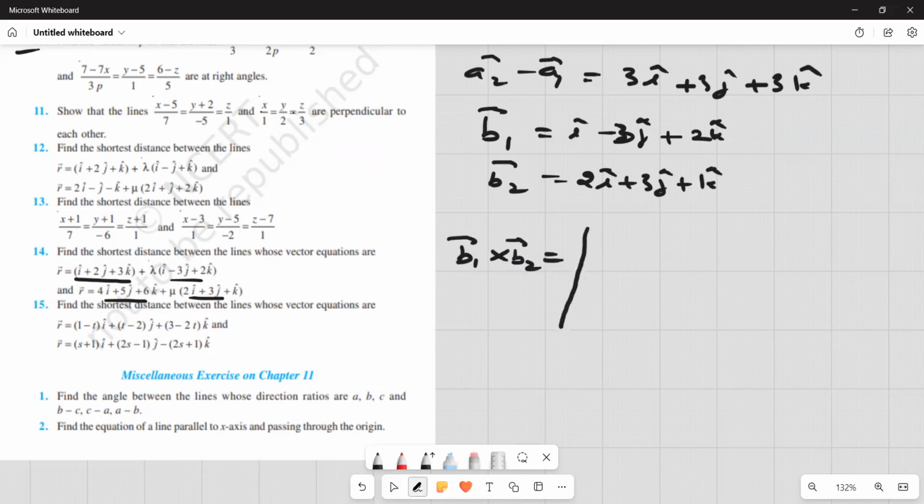That is equal to the determinant with i j k, 1 minus 3 2, 2 3 1.